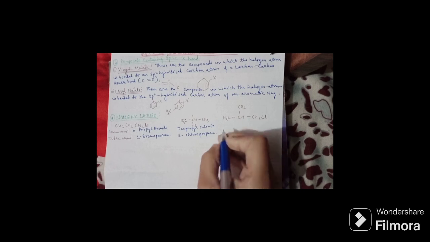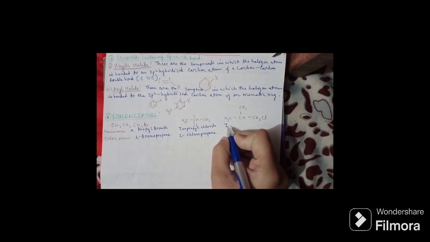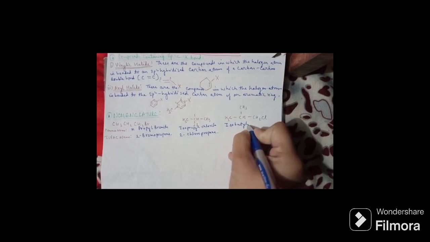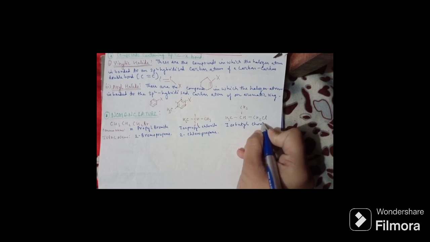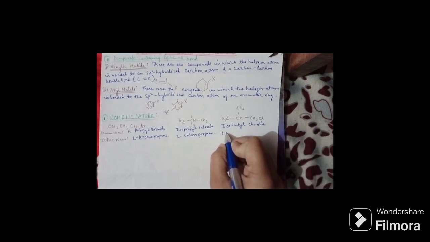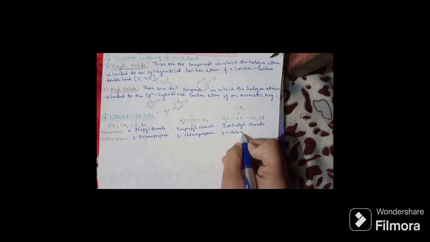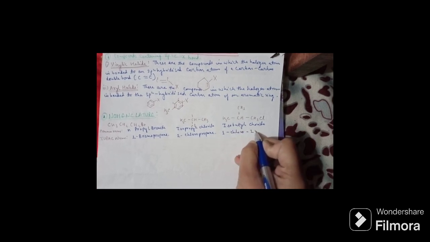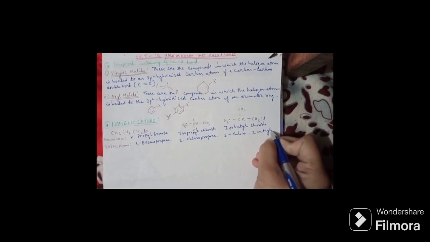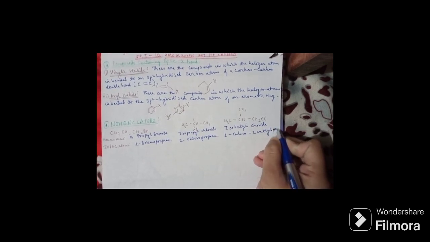So the common name we have is isobutyl chloride, and the IUPAC name is 1-chloro-2-methylpropane.